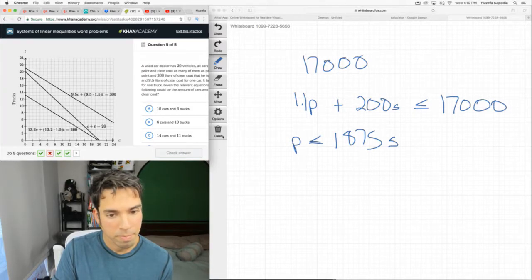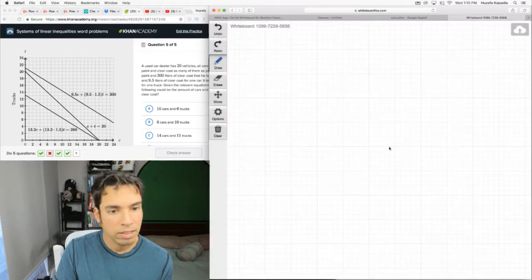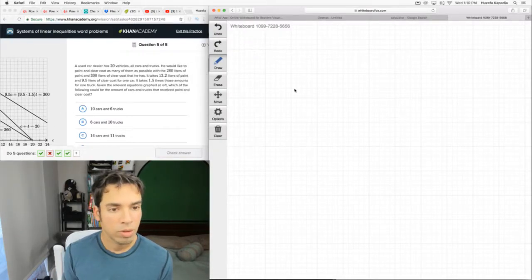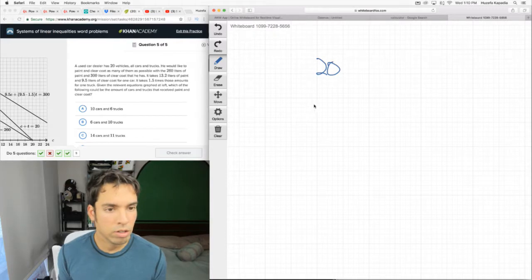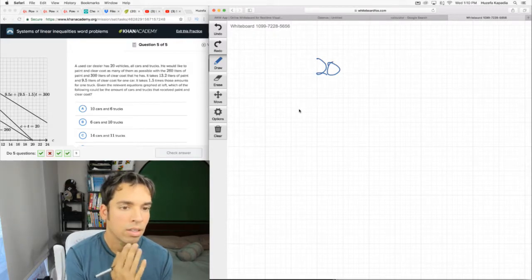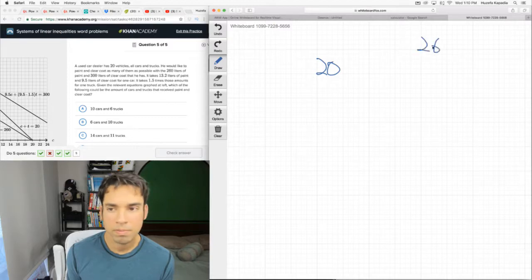All right. Last but not least, number 5. A used car dealer has 20 vehicles, all cars and trucks. He would like to paint and clear coat as many of them as possible with 260 liters of paint and 300 liters of clear coat.